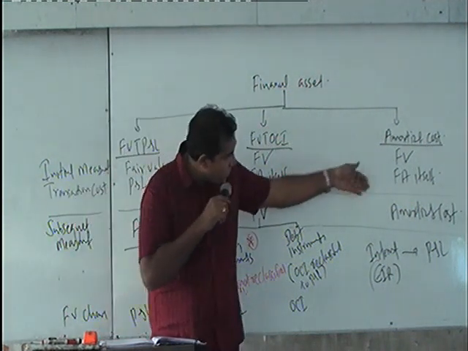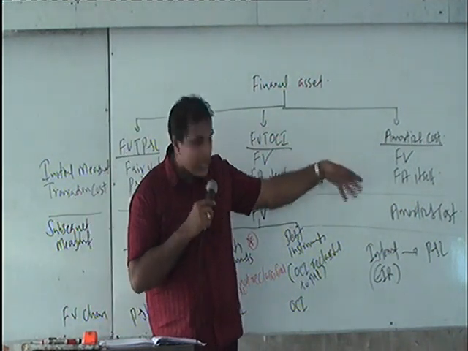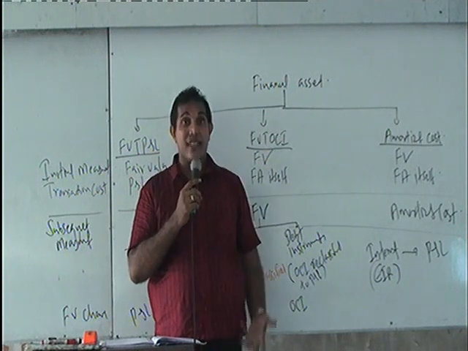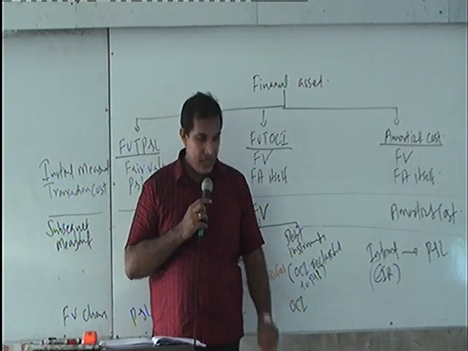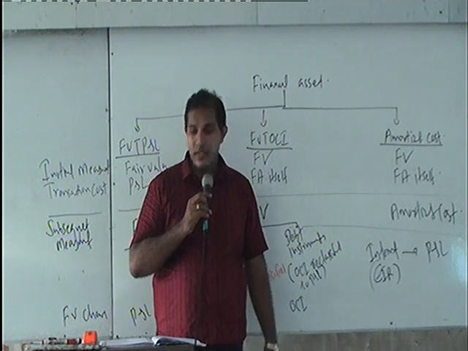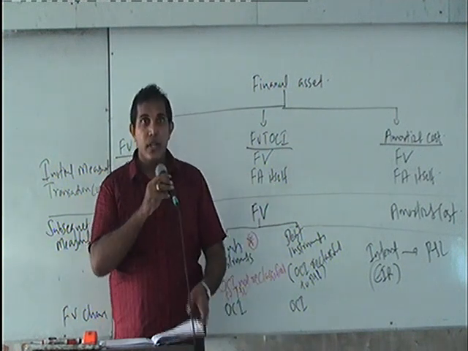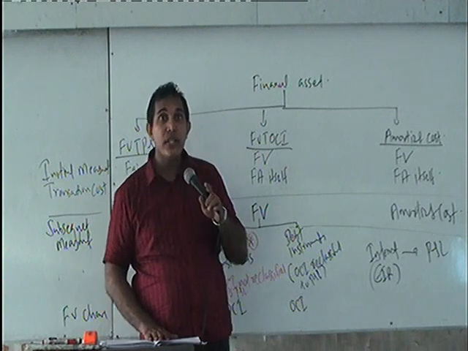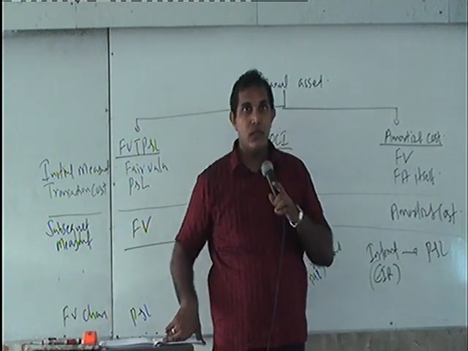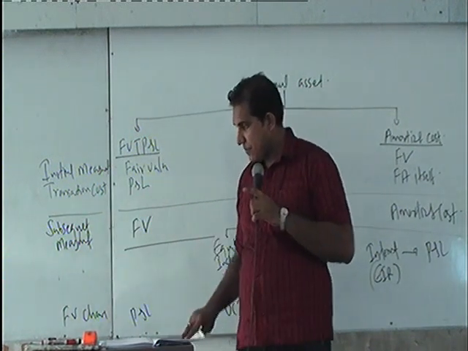But how to do the amortized cost in subsequent measurement and all, we need to practice through a sum, right? What we are going to do? Can I give those things as homework?